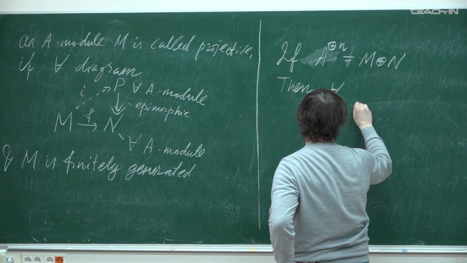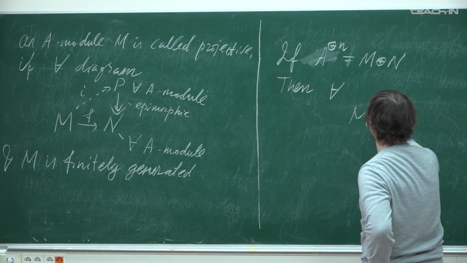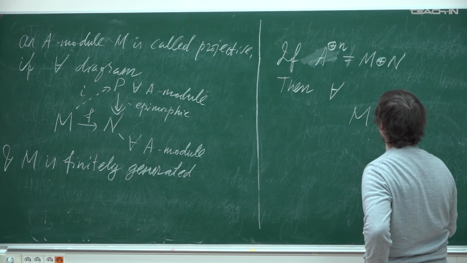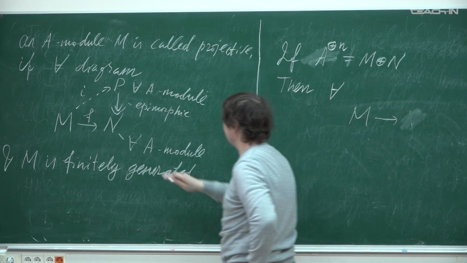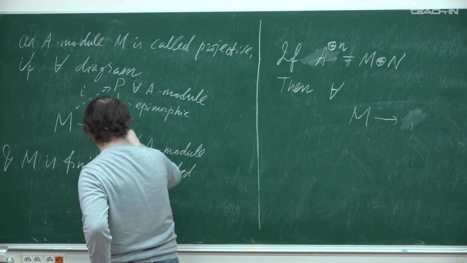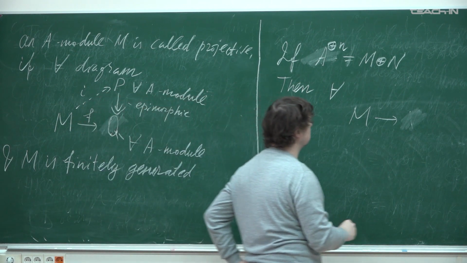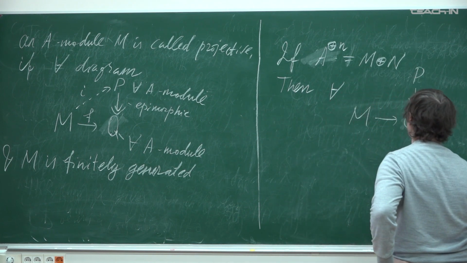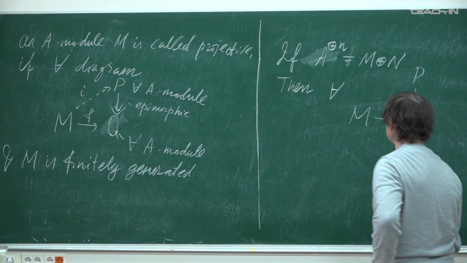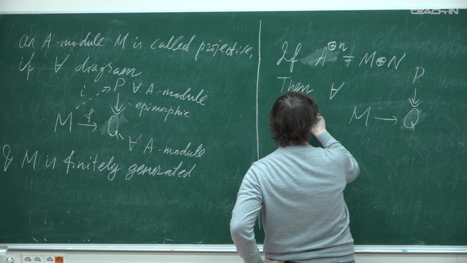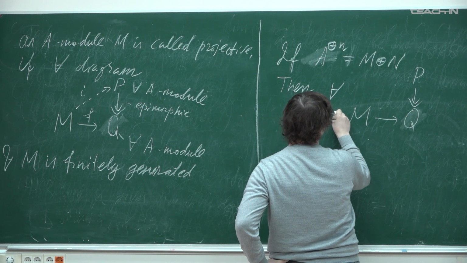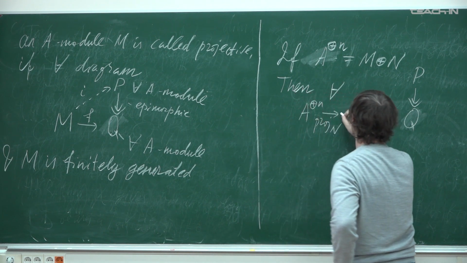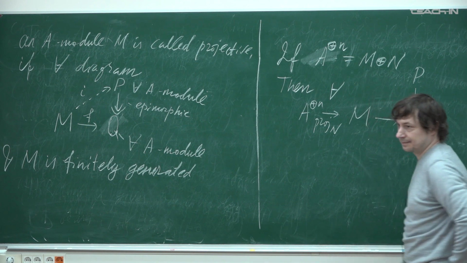For every diagram of this sort, let's put Q here, P and Q. We extend this to the map A^n onto M, projecting it along N.